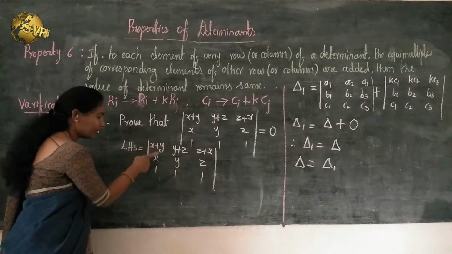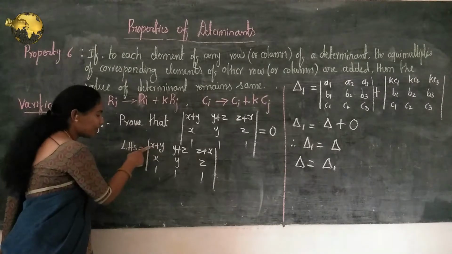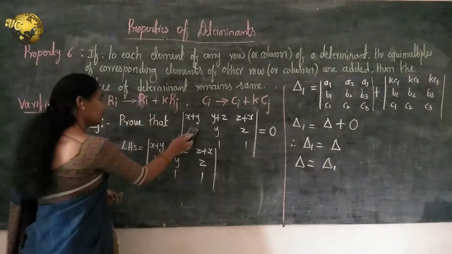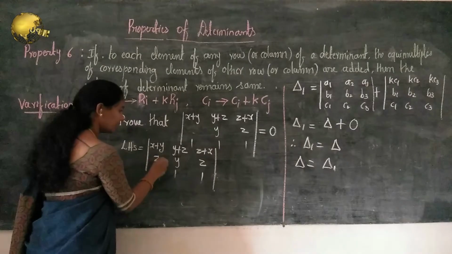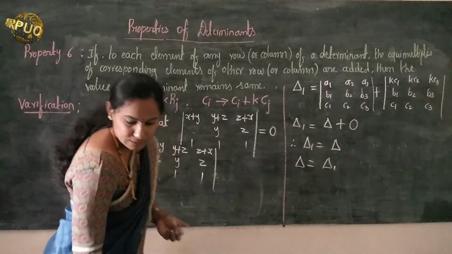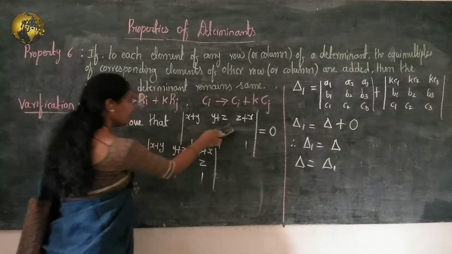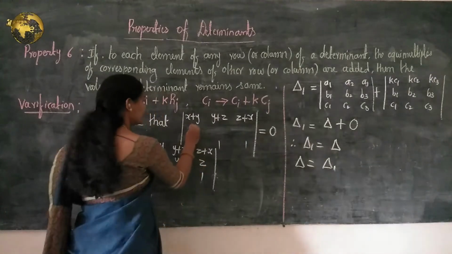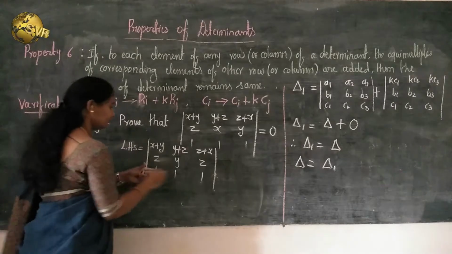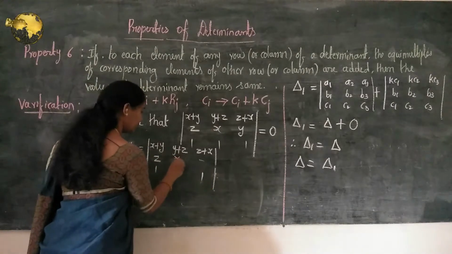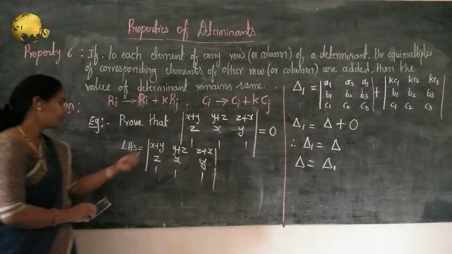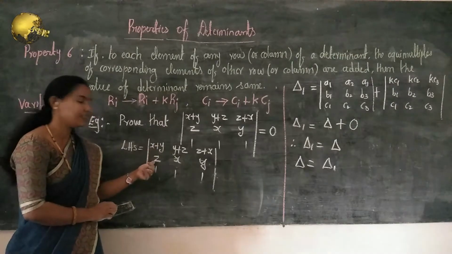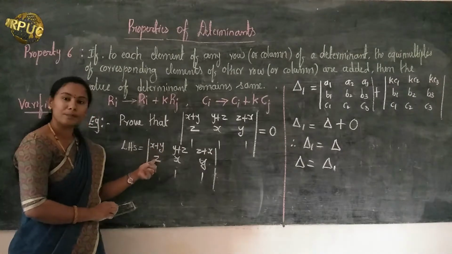If I add the first row elements with the second row elements, the first row is x plus y, y plus z, z plus x, and the second row is x, y, z. Adding the first row element x plus y with the second row element, we get x plus y plus z.